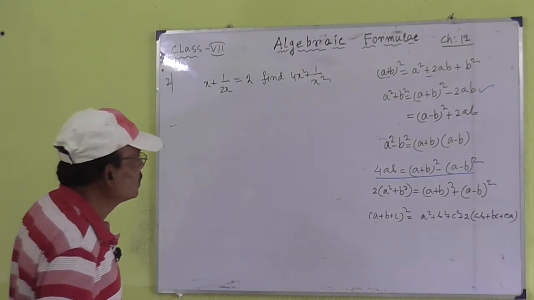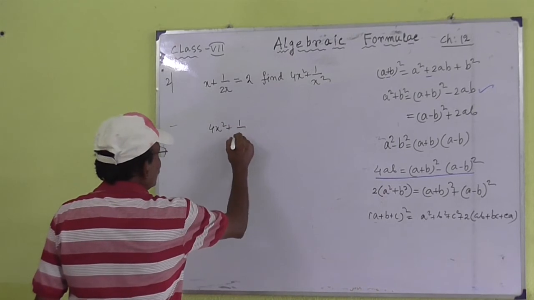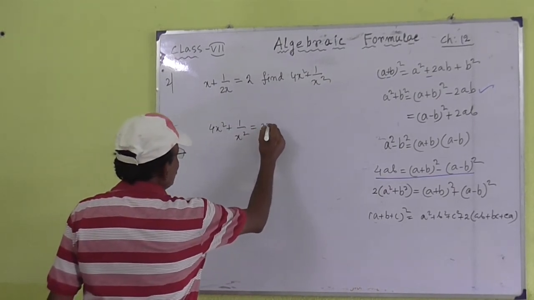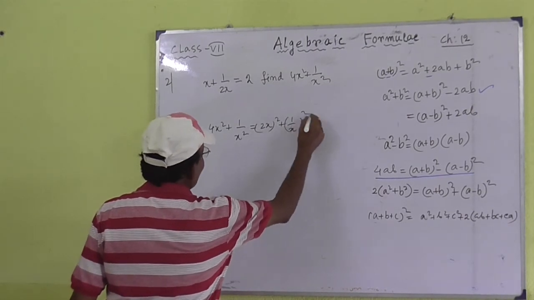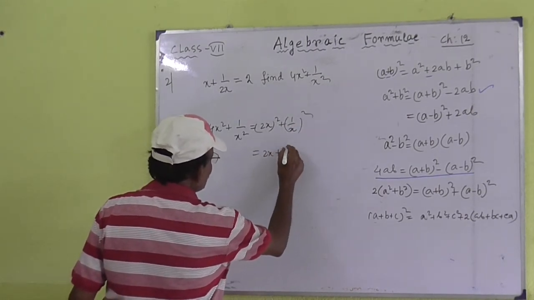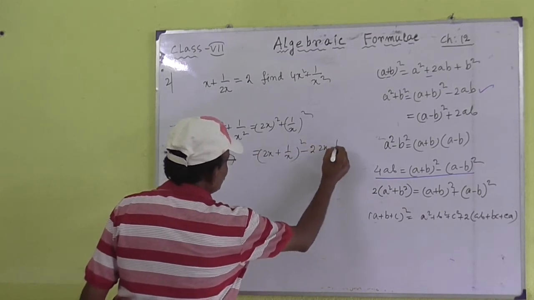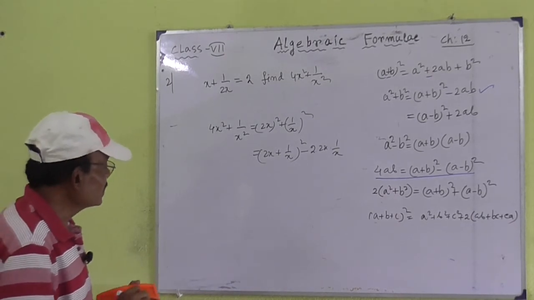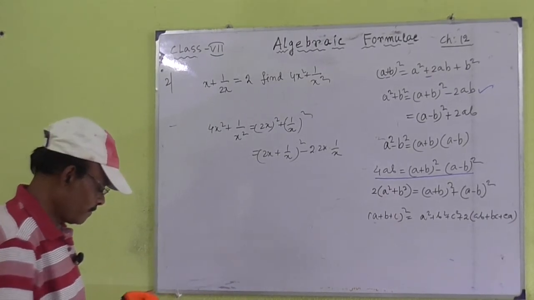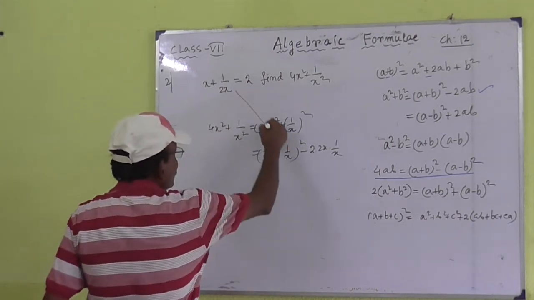How to solve? 4x square plus 1 by x square equal to (2x) whole square plus (1 by x) whole square equal to (2x plus 1 by x) whole square minus 2 into 2x into 1 by x. But look at the given question.